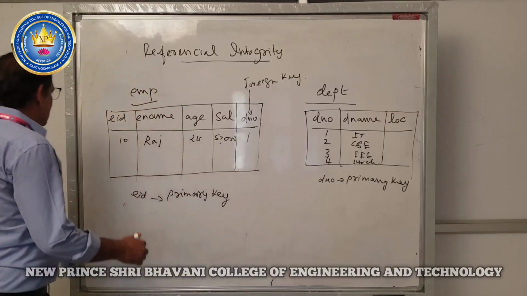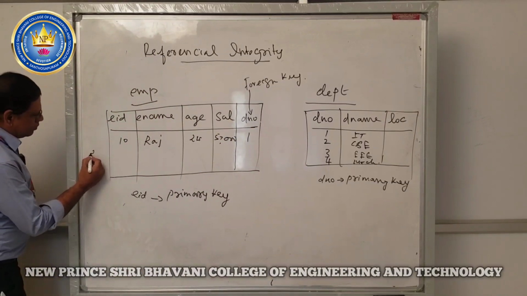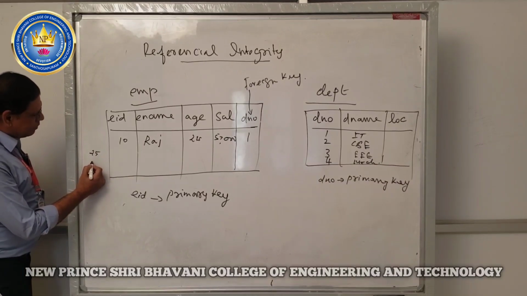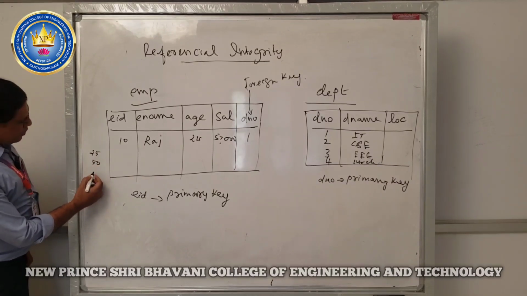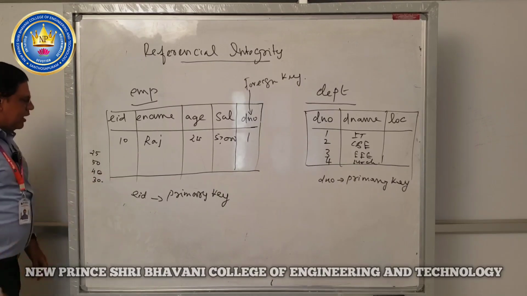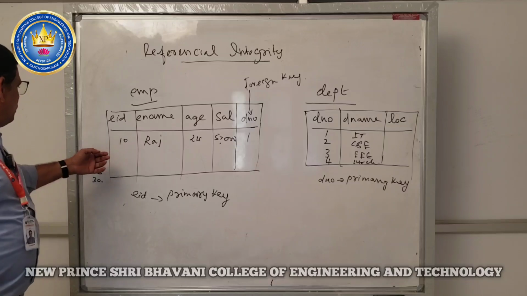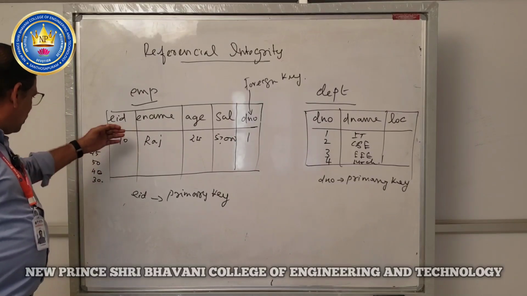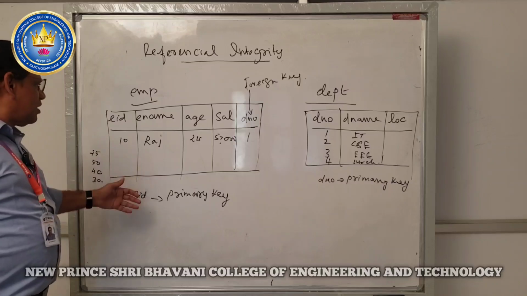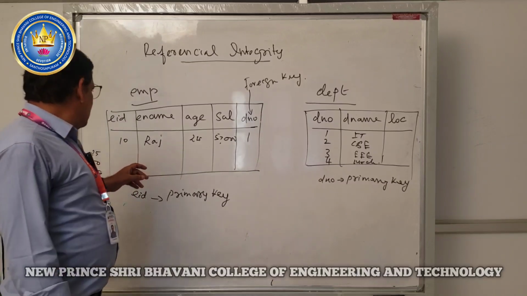For example, 25 faculties are working in the IT department, CSE 50, EEE 40, and mechanical 30.